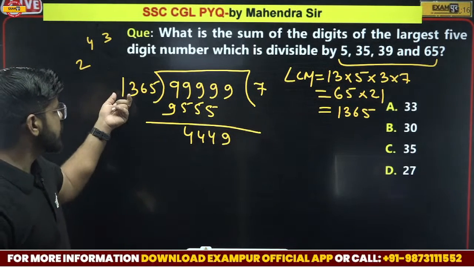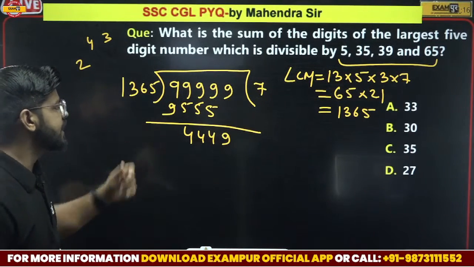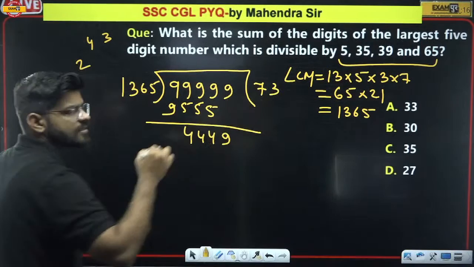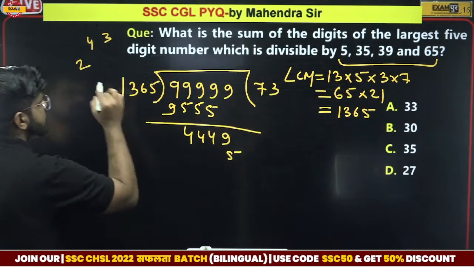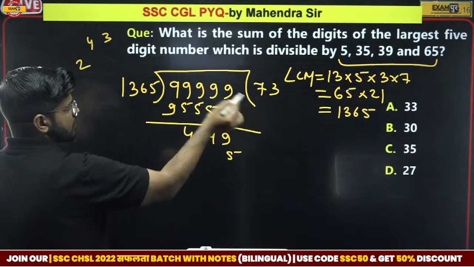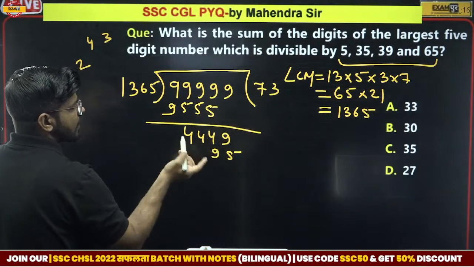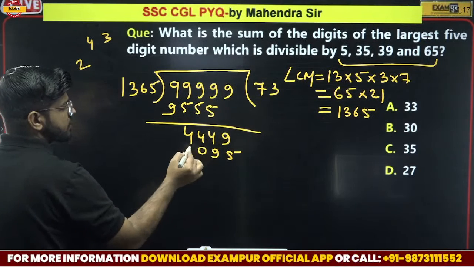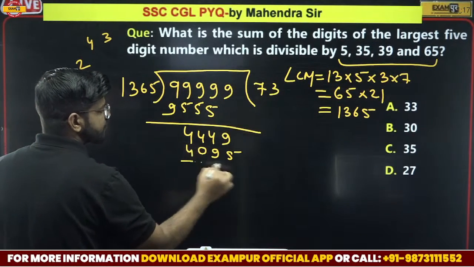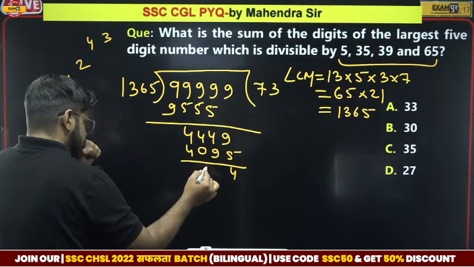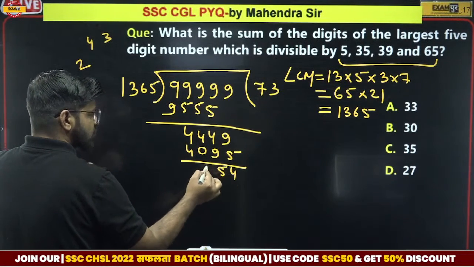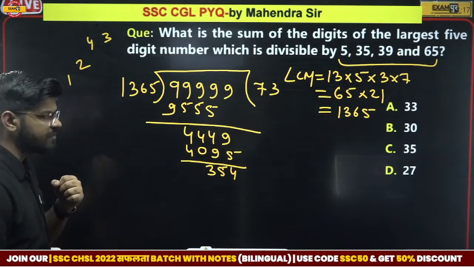Now you know that 13 3s are 39. So 3 times we will get here 15, carry 1. Then 18 and 1 is 19, again carry 1, and we will get 4 here. So 4 times 13 is 52, and here we will get 354.